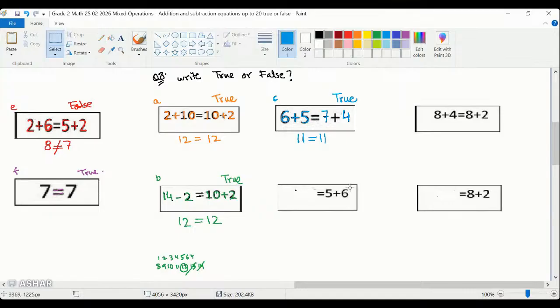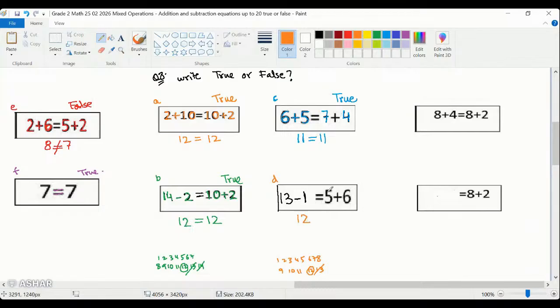Let's have a look at the next statement. Is 13 minus 1 equal to 5 plus 6? Let's see. Part D. 13 means 1, 2, 3, 4, 5, 6, 7, 8, 9, 10, 11, 12, and 13. Minus 1 should be equal to 12.